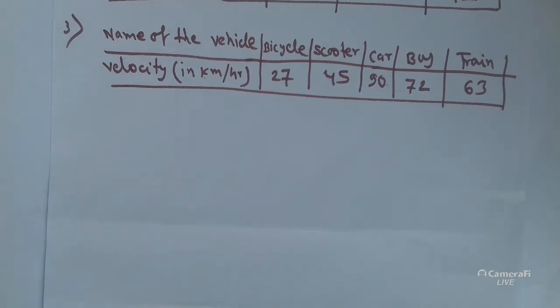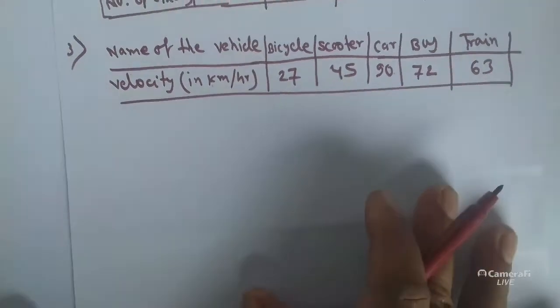Next one is problem number 8. It is given that the birth rate per thousand in 5 countries over a period of time is shown below. Represent the data by a bar graph.